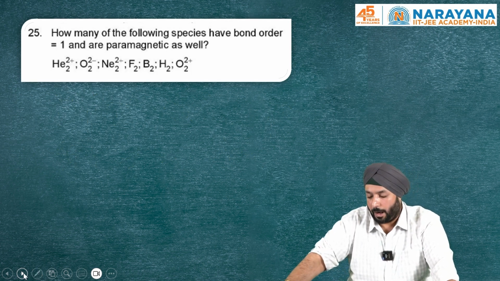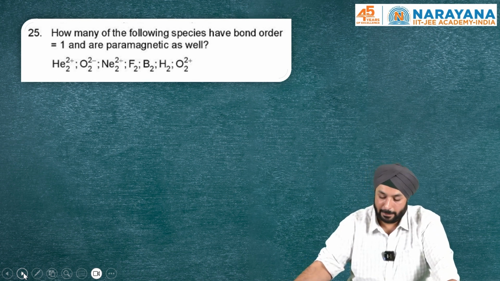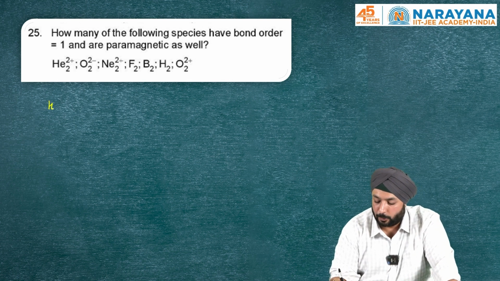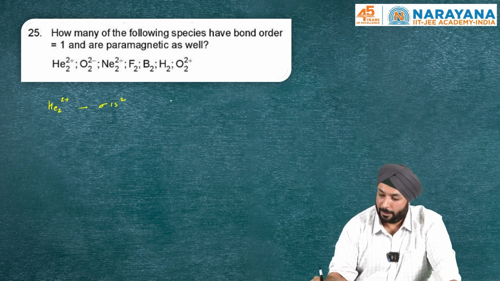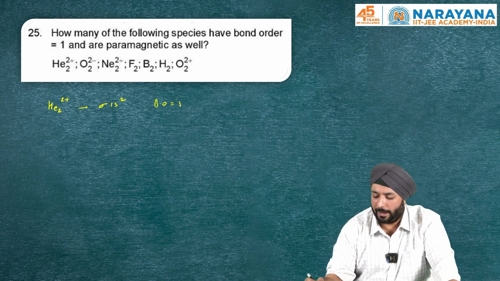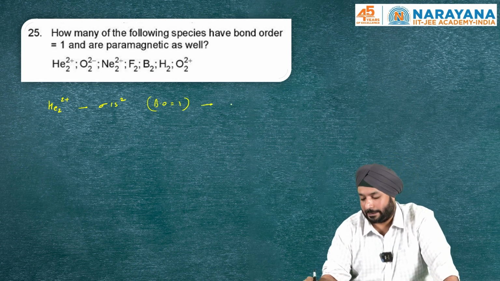25. How many of the following species have a bond order equal to 1 and are paramagnetic as well? Okay, they want paramagnetic, not diamagnetic. If you choose He2 2 plus, it is the same as hydrogen, sigma 1s2 I'll get. Bond order will be 1. I don't have any unpaired electrons, so this is diamagnetic.